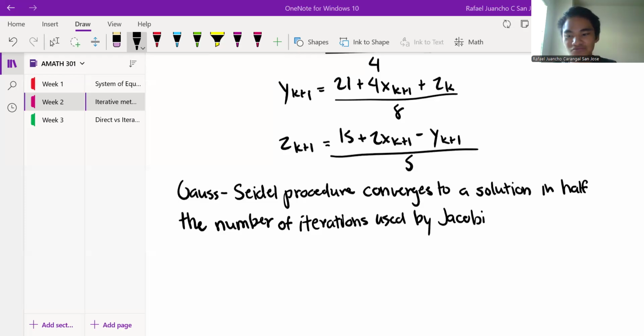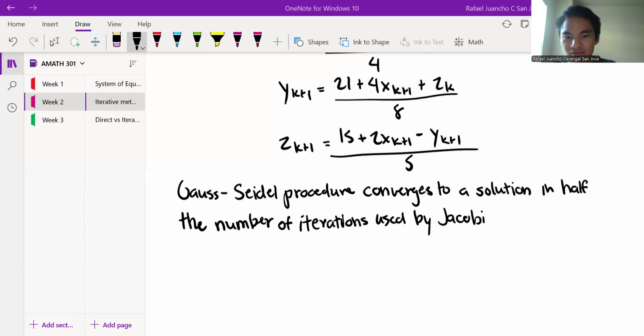So yeah, that's pretty much it for iterative methods and direct methods for solving linear systems. I'm thinking of going to the last one, or I might wait it out. Let me see.